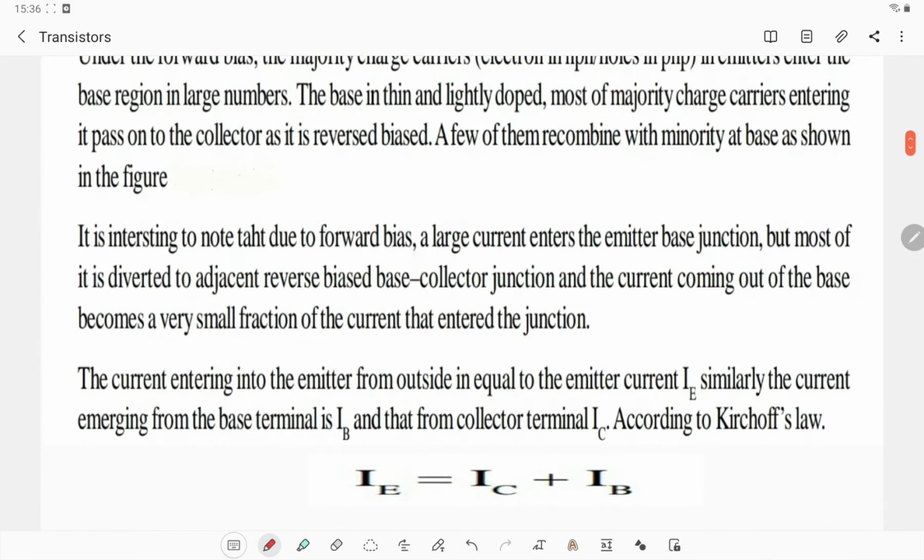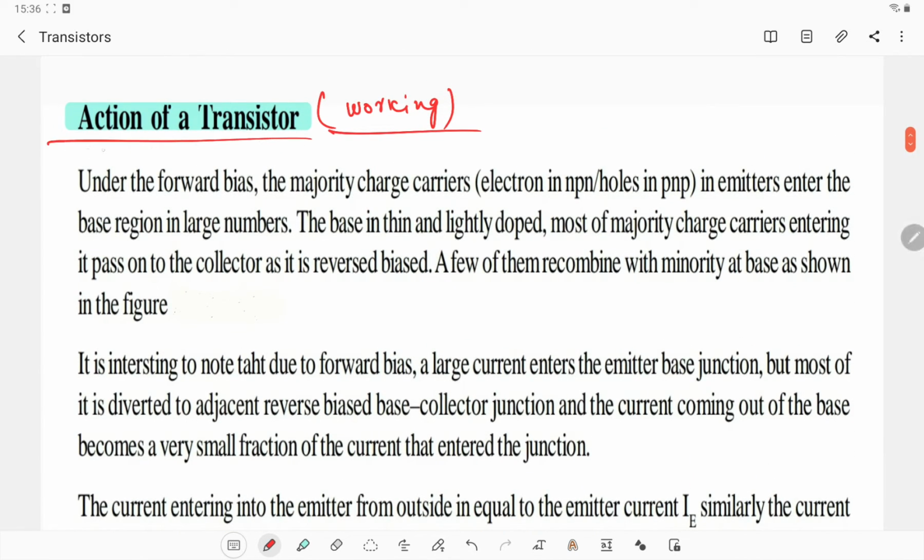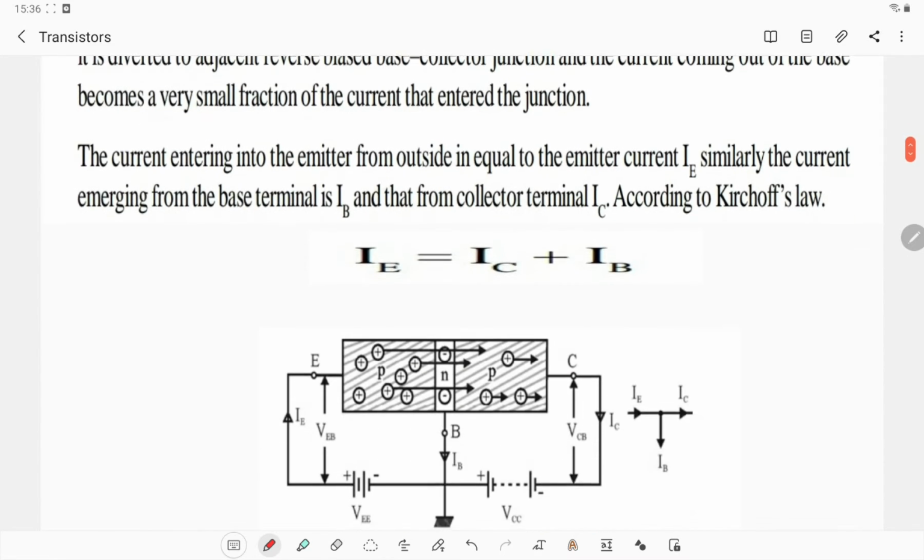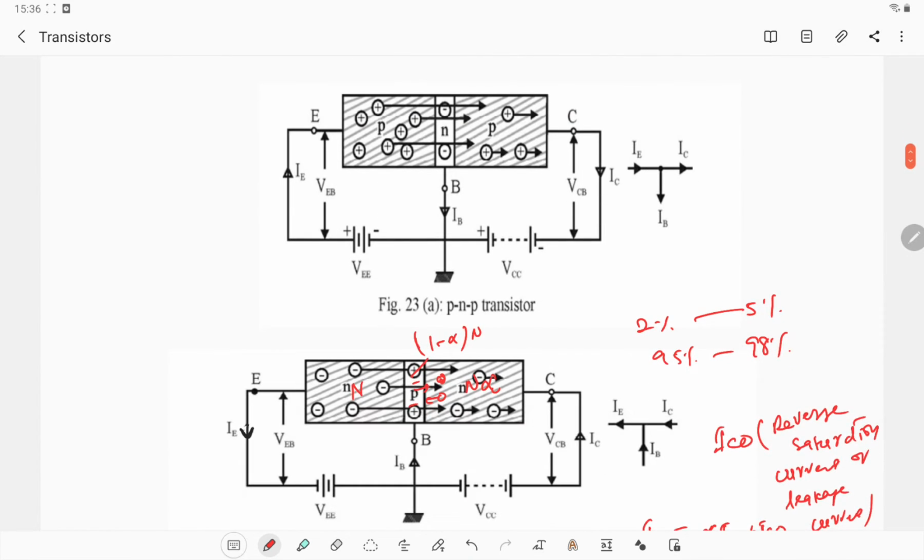See here, the action of a transistor, that is nothing but its working. This is a PNP transistor and this one is an NPN transistor.